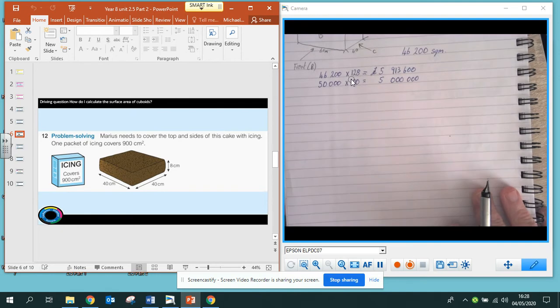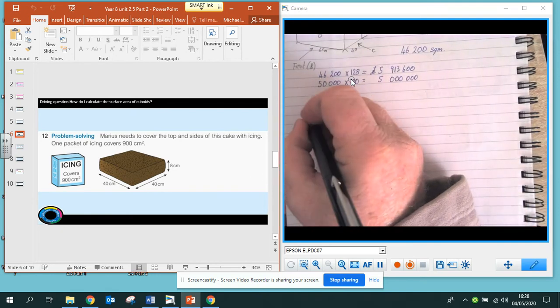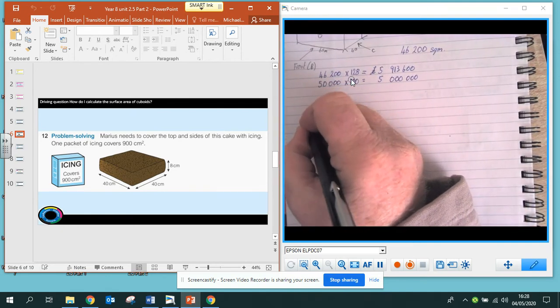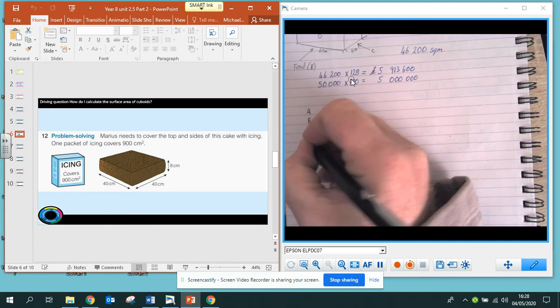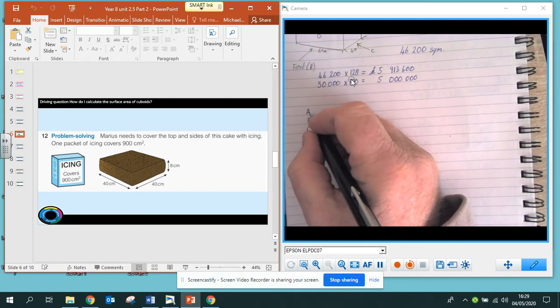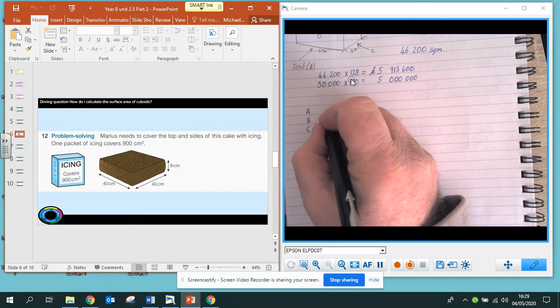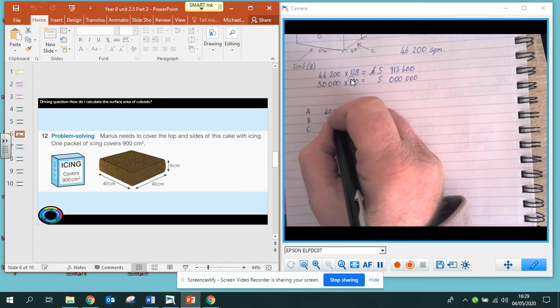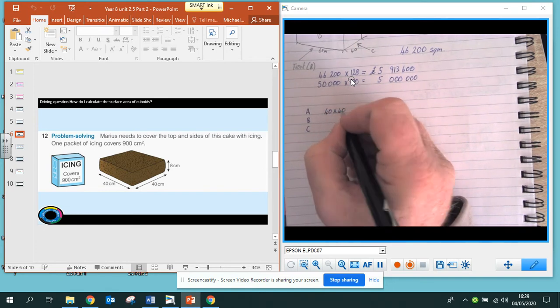So for this question, going back to our ABC, plan, front, side. In this case, when we're looking down on the cake, our plan view, are we going to bother icing the bottom of the cake? No, we're not. So we only need one of A. So A, the plan surface this time, is going to be 40 times 40.